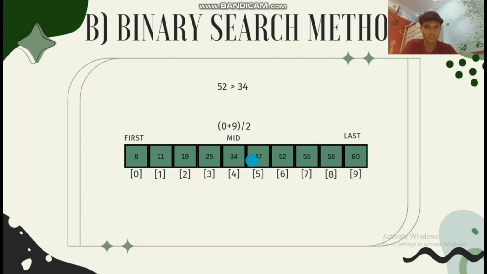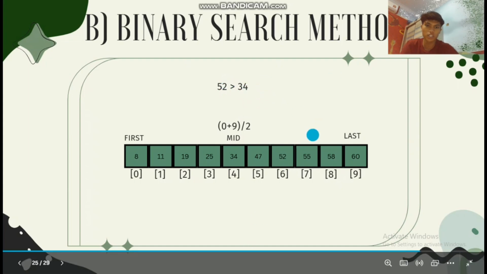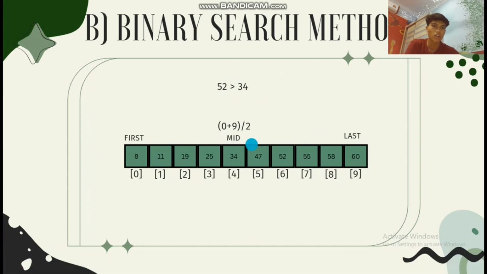The index 4 is 34, but we want to find 52. So 52 is more than 34. For the second step, like I said, 52 is more than 34. So we focus on the right only, and the left we will forget.